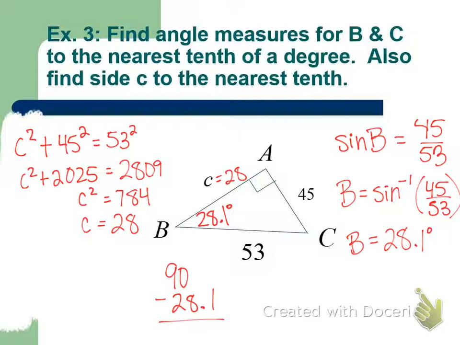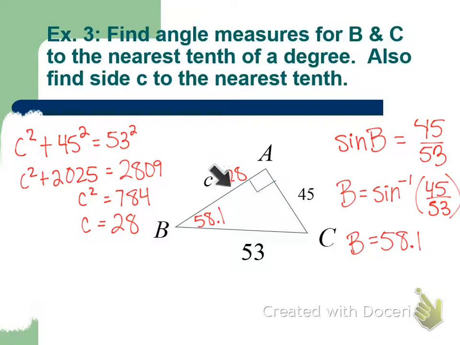Did I write this wrong? Yeah, it's not 28.1. What is it? 58.1. Okay. Sorry. Did somebody say 28 or was I just looking at the board? I might have just been looking at that board. That other 28. Okay. 58.1. Sorry about that. That's what we should subtract from the 90.